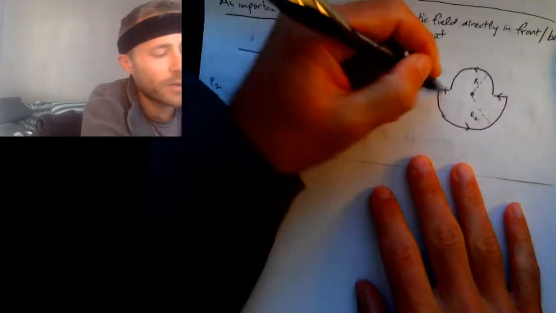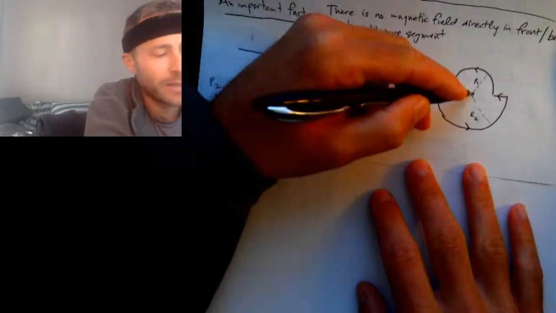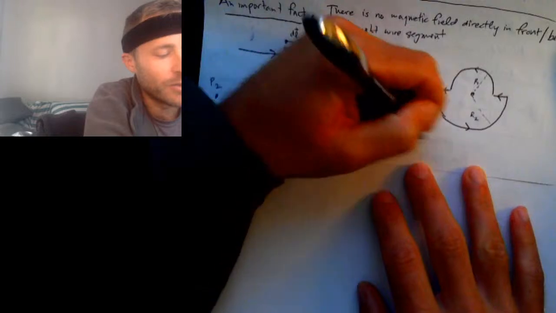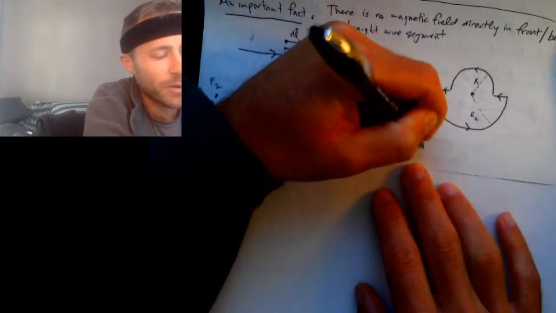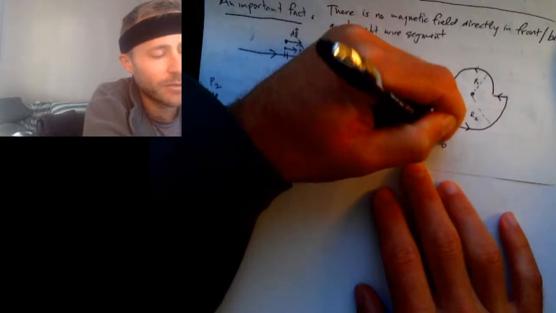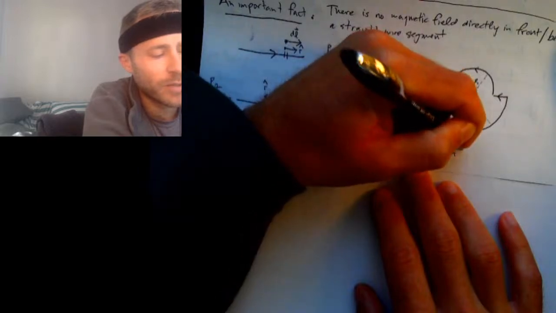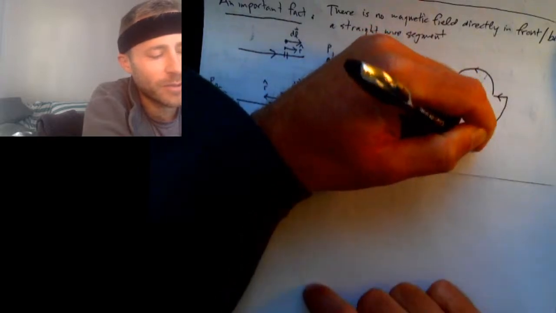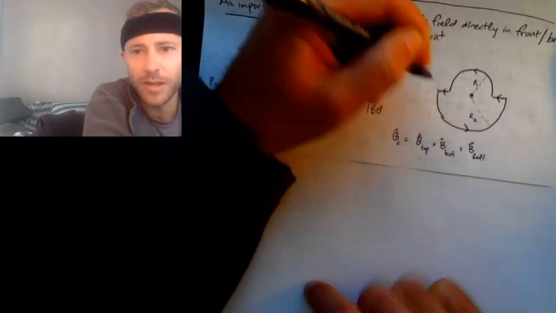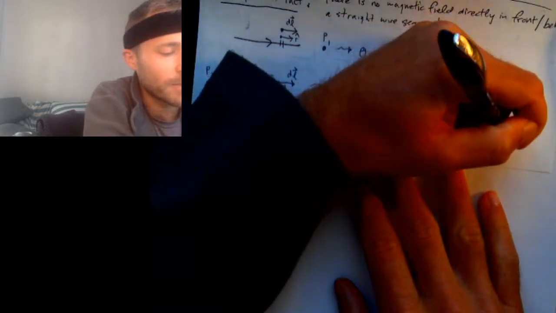If I wanted to know the magnetic field at the center, it's going to be the magnetic field from the top arc plus the magnetic field from the bottom arc plus the magnetic field from the left segment, plus the magnetic field from the right segment.